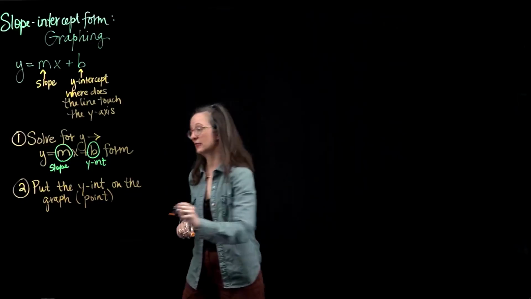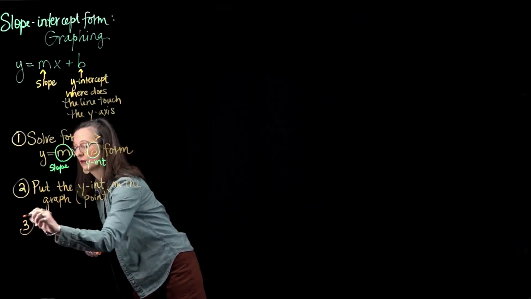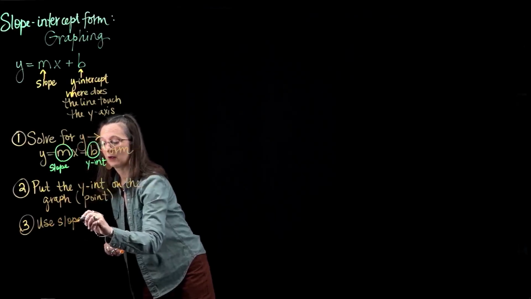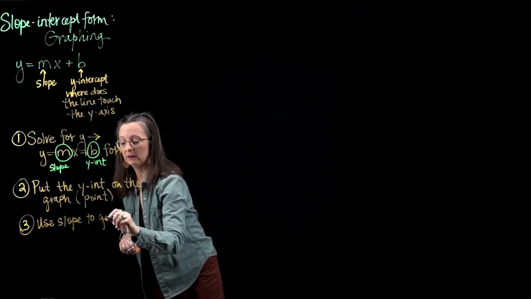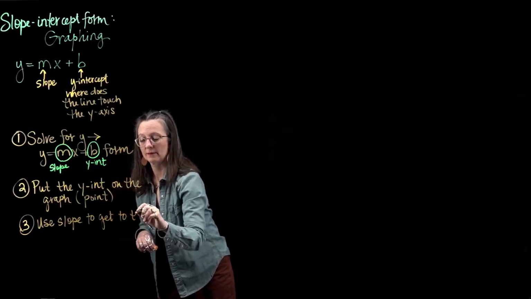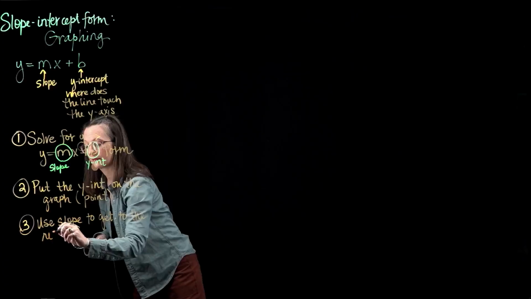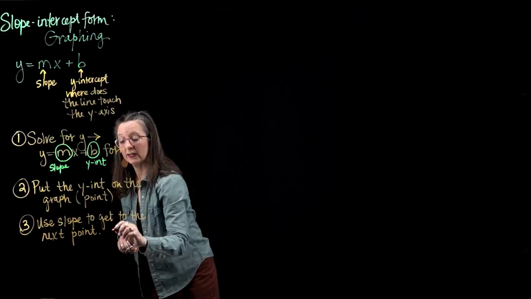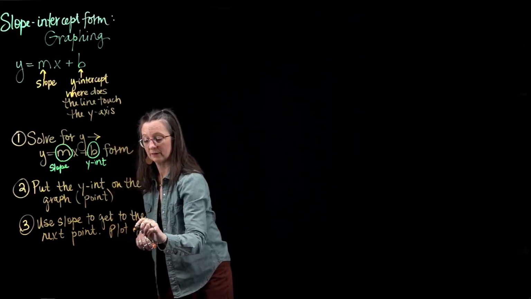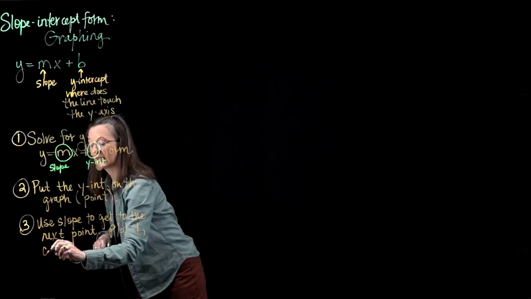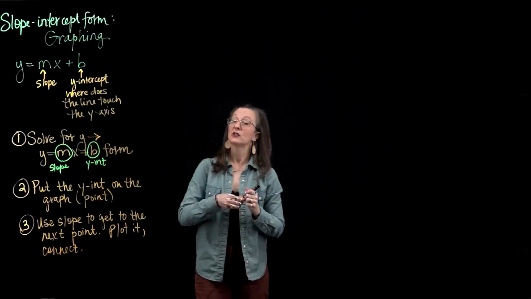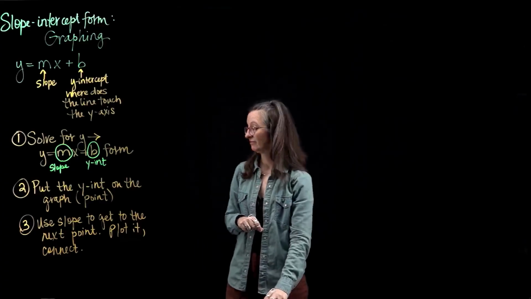And then our third step is to use the slope to get to the next point. We're going to plot it, and then we're going to connect them up, because two points determine a line.